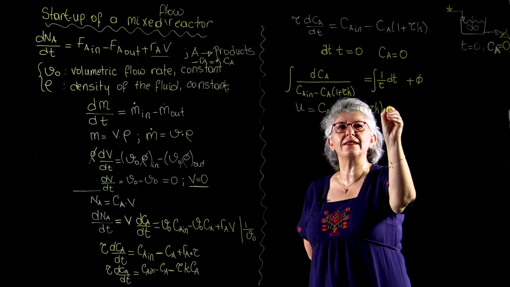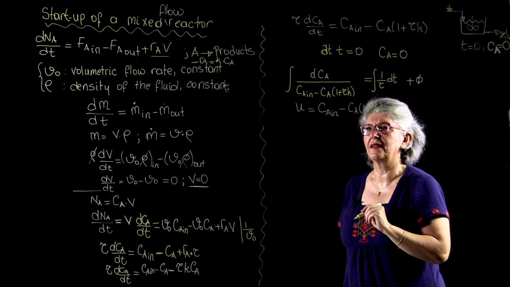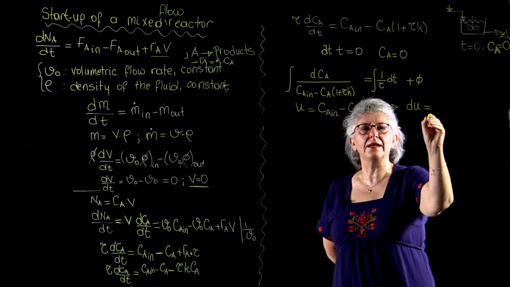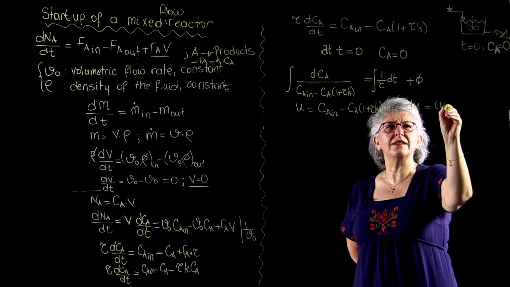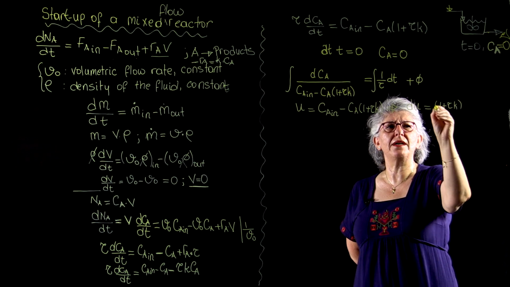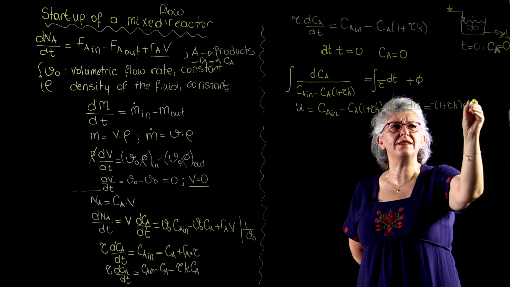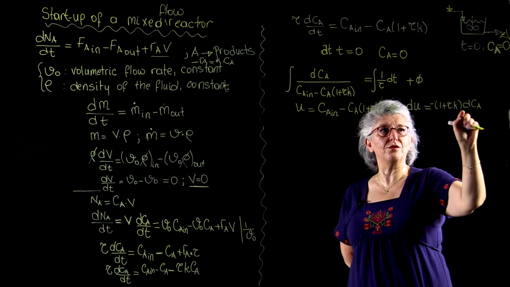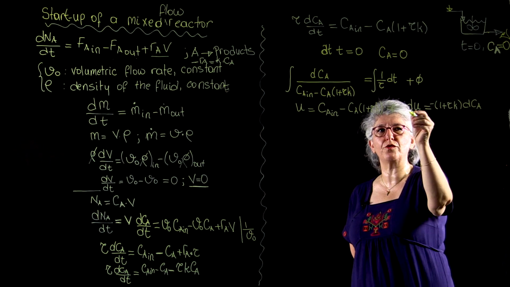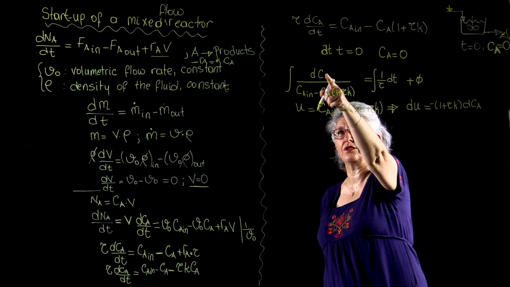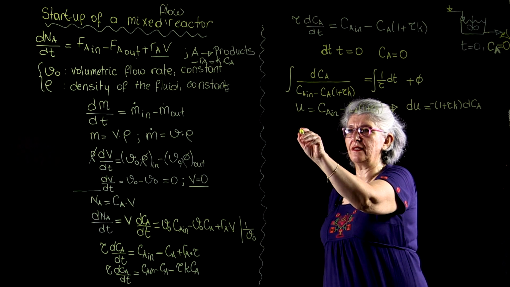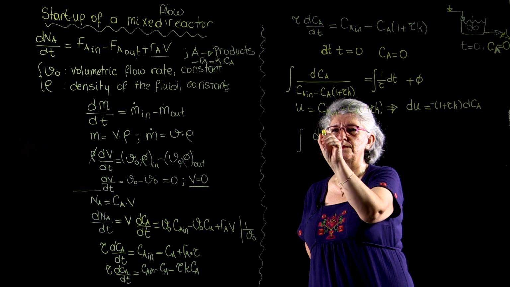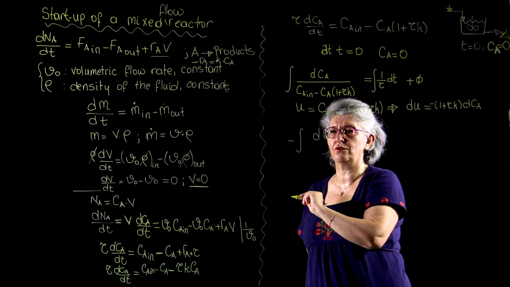As a result, if I take the derivative of u, this should be 1 plus tau k with a minus in front, dCa. So I'm going to take dCa from here in terms of du and substitute here to obtain the integral of du with a minus in front.